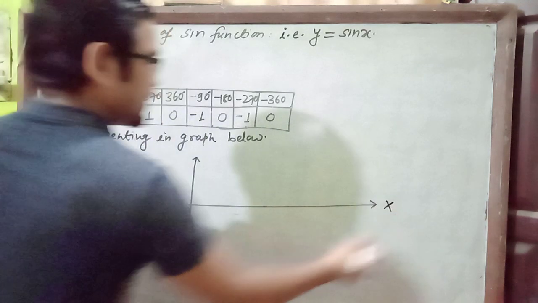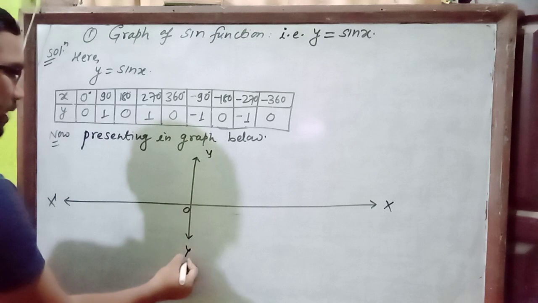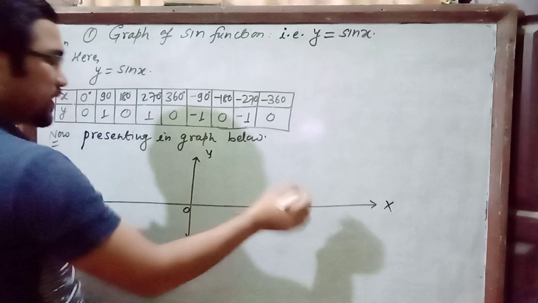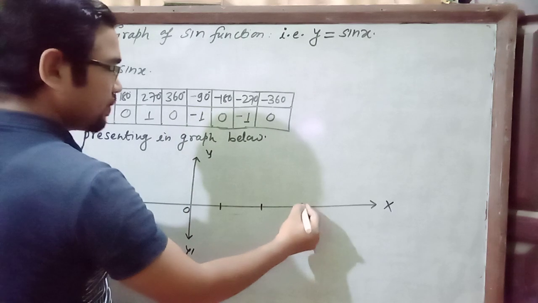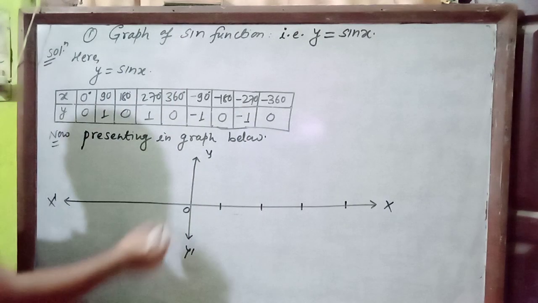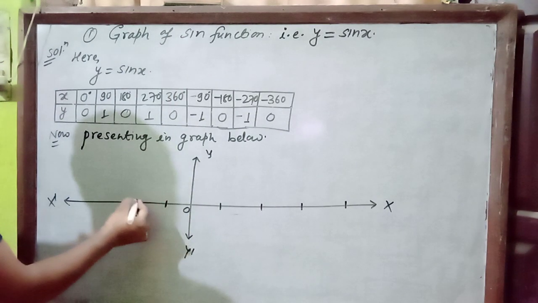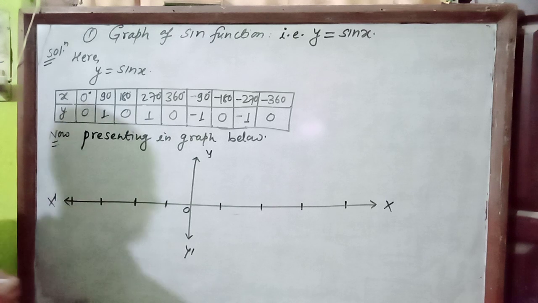This is x-axis, x dash. This is y, and this is y dash. 0 towards the right side. We can suppose this is 90, 180, 270, 360. Like this, we can continue. Here minus 90 negative, minus 180, minus 270 and minus 360.